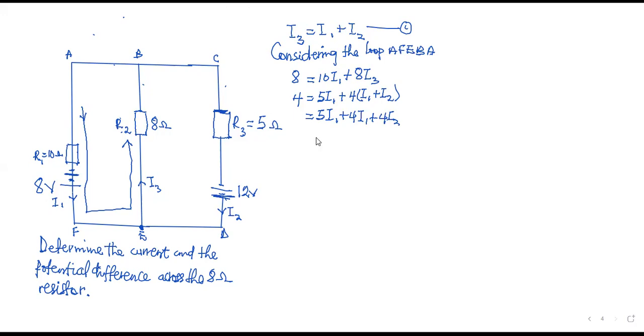So we have 9 I1 plus 4 I2. This is equation 3.